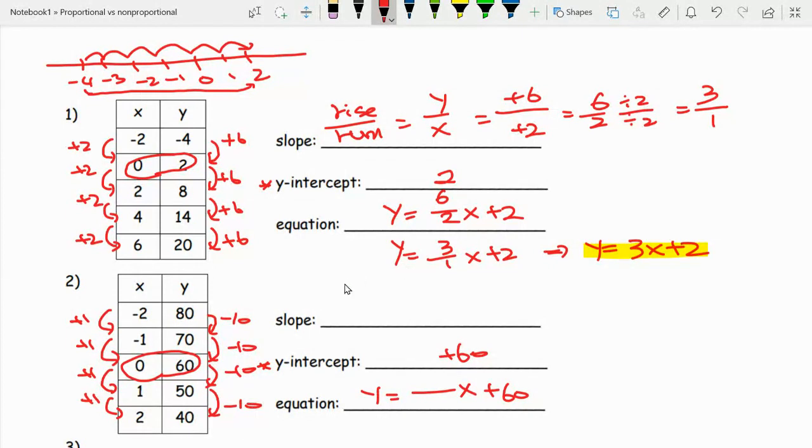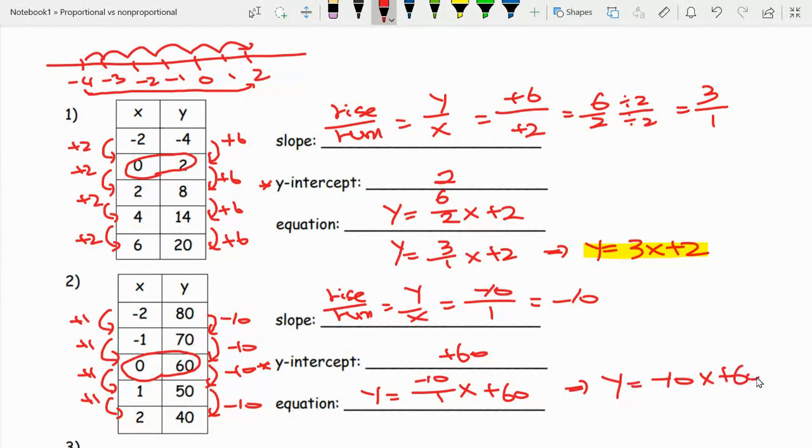So my slope then, rise over run, or y over x, is negative 10: y is decreasing by 10, x is increased by 1, which is, we don't write 1, negative 10. So I have negative 10x over 1, but we are going to write that as y is equal to negative 10x plus 60.